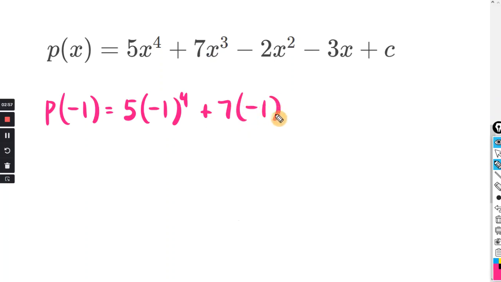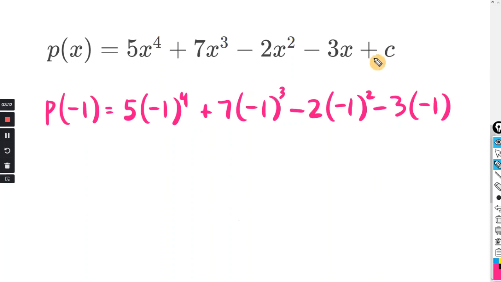Use your parentheses for all the negative ones. Minus 2 times (-1) squared, minus 3 times (-1), plus c. When we do that, we should get the remainder, which equals 0. I don't have enough room to put equals 0, but I'm going to simplify this anyhow.